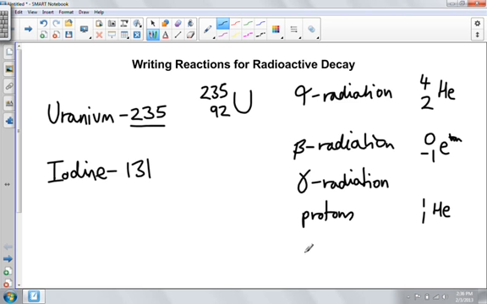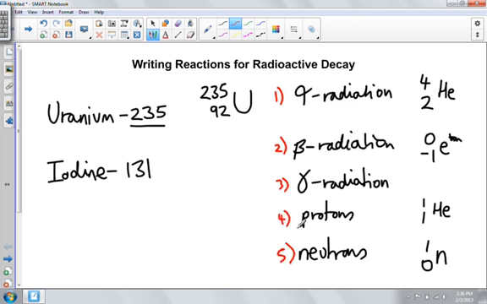You can also have species that spit off neutrons. N for neutron. Remember, the number at the bottom is the atomic number, the number of protons, and the top number is the number of protons and neutrons. So these are the main 5 different types of species that can be given off during radioactive decay processes.